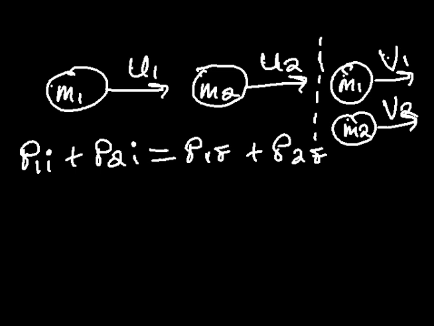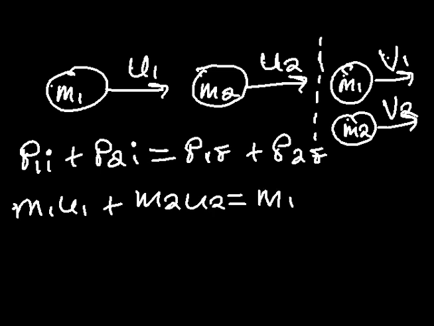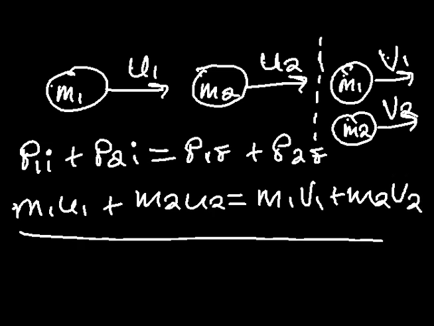So we have m1u1 plus m2u2, equal to m1v1 plus m2v2. This is the formula for the elastic collision whenever both objects are moving before they collide.